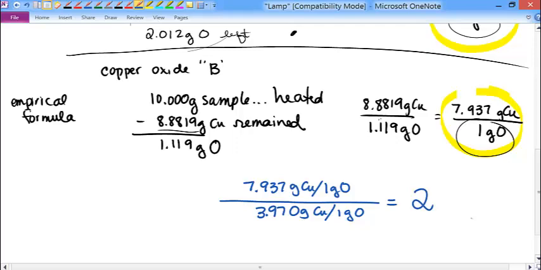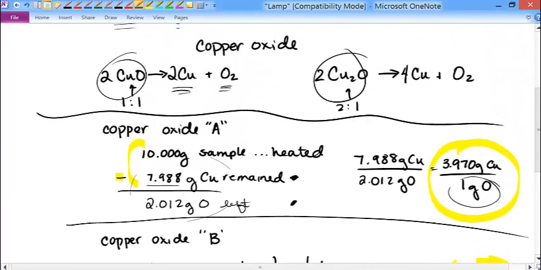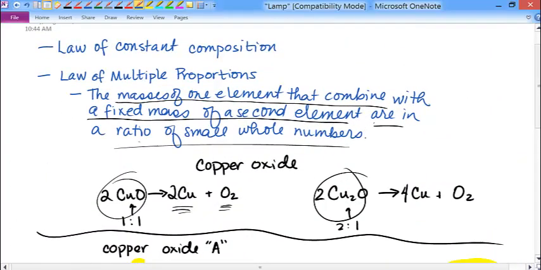I realize I don't have all my significant figures there, but this turns into a whole number. It's in a ratio of small whole numbers. That's what it's referring to.